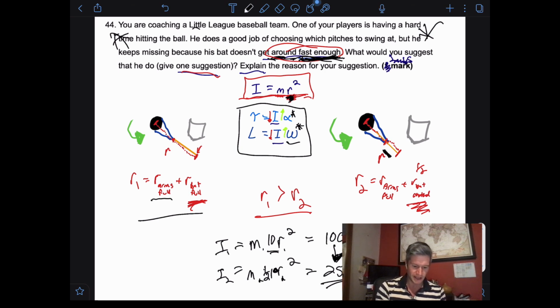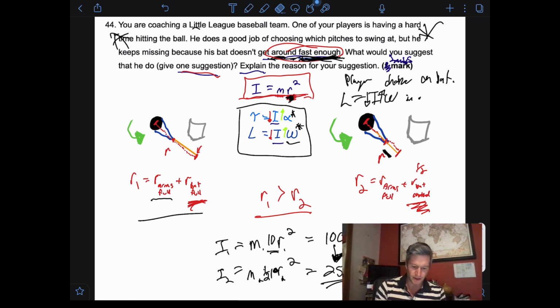You could pretty much say your player can choke up on the bat, and then you could say something like L, angular momentum, I, angular velocity, W, and if you want to decrease I, you want to increase W.